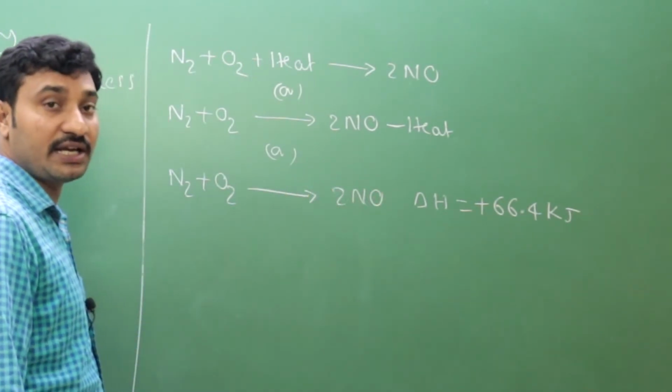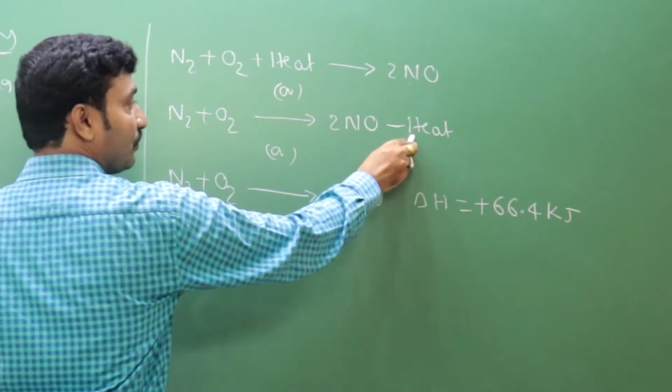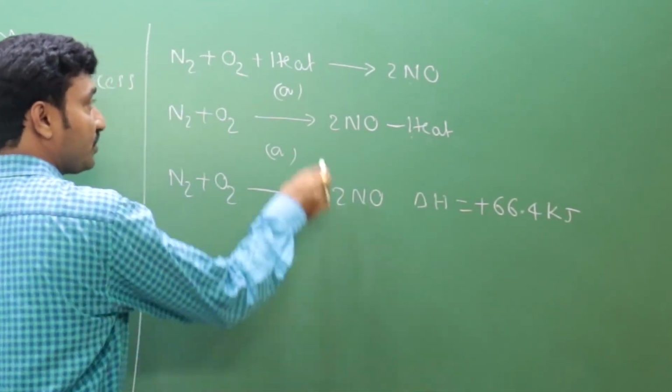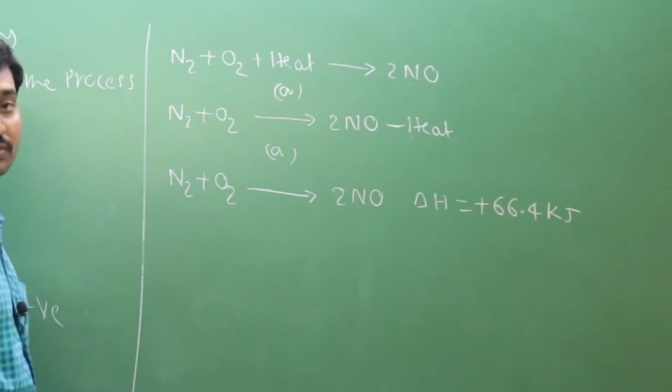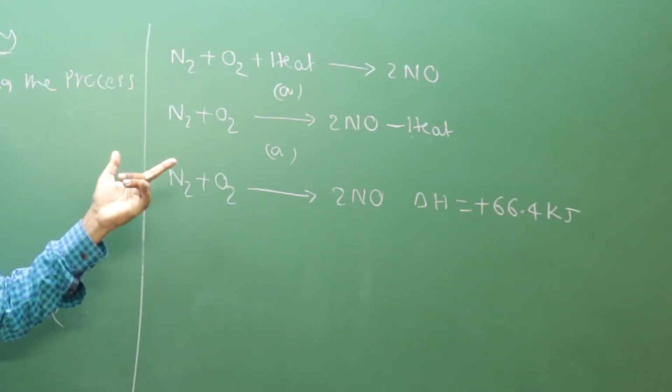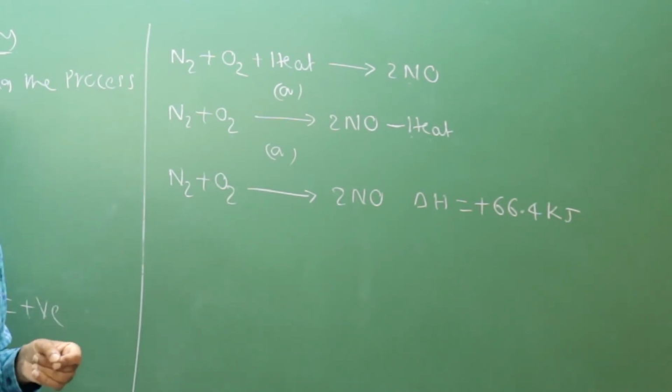This also indicates endothermic. So here the heat is 66.4 kilojoules. So finally, nitrogen reacting with oxygen to form nitric oxide is an example of an endothermic reaction.